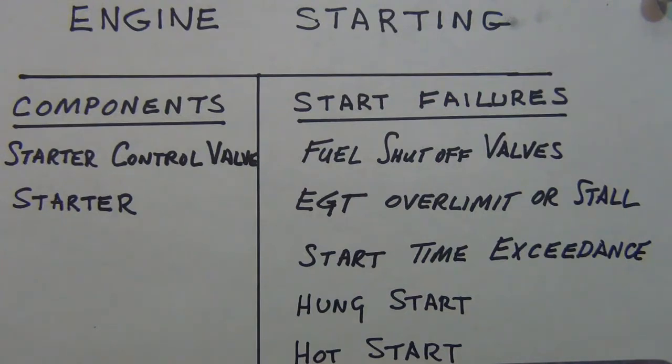The starter failures: remember I said you could have the EGT limits exceeded. That's one. The high pressure fuel shutoff valves not opening or opening, basically opening when they shouldn't, or not opening when they should. So it's just a mixture of things.